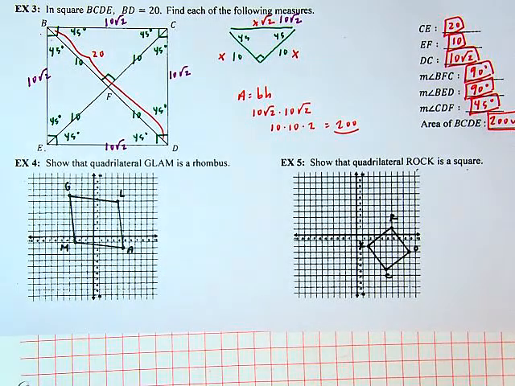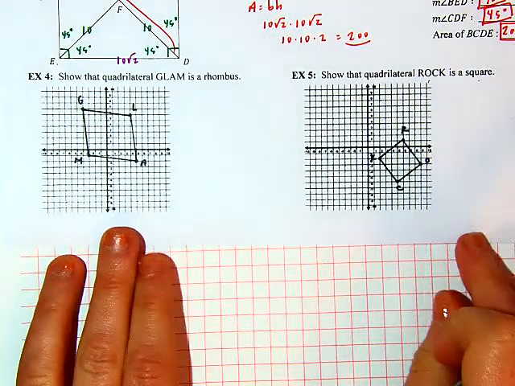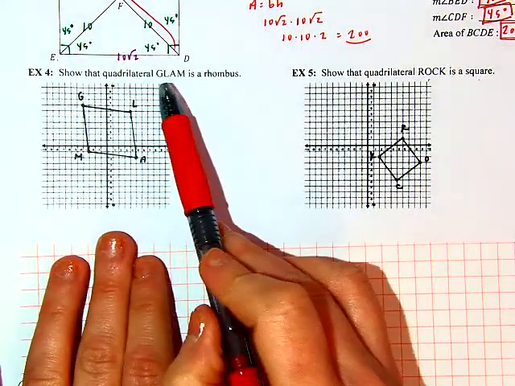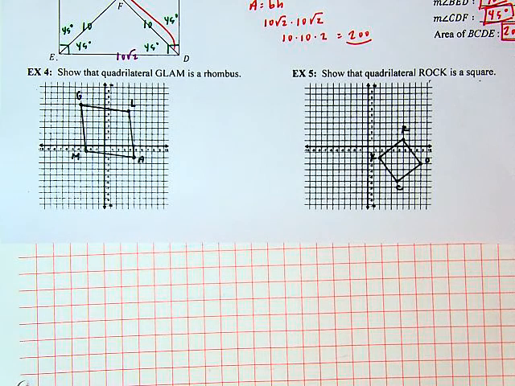All right, so lastly, I'm going to jump on the coordinate plane. I'm going to show that quadrilateral GLAM is a rhombus. So if it's a rhombus, I can show a couple of things. Probably easiest to show that the opposite sides are congruent, and not just opposite sides, all of the sides are congruent.